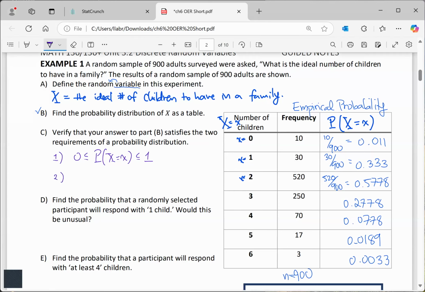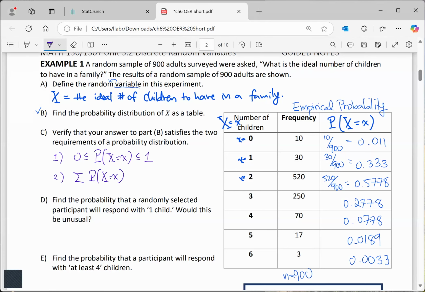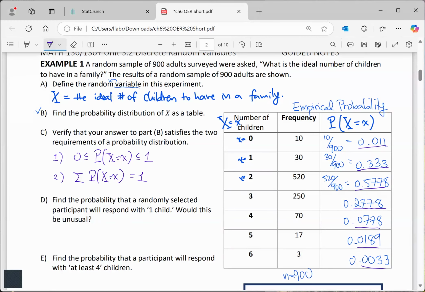Condition 2 is that the sum of all of the probabilities is 1. So for condition number 1, you just use your eyes. You go through all of these and you're like, are all these between 0 and 1? In other words, you don't want anything over 1 and you don't want anything negative. And the answer to that is yes, we meet condition number 1. So we're just using our eyes.